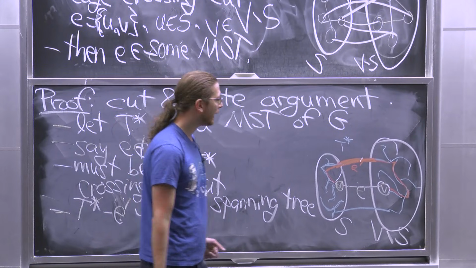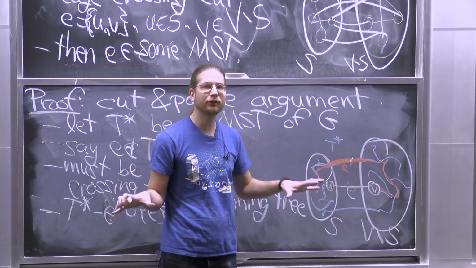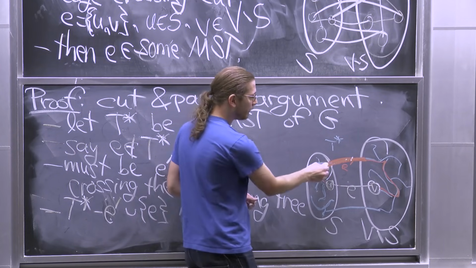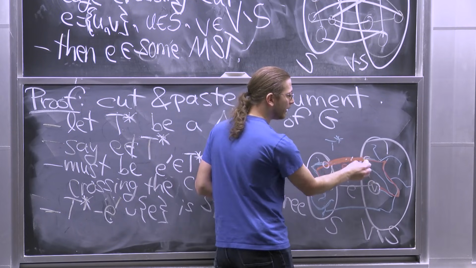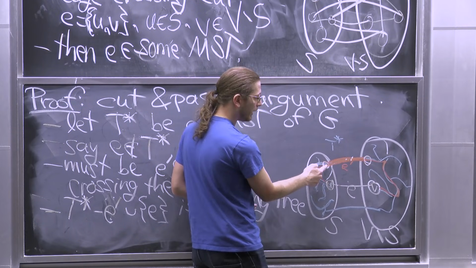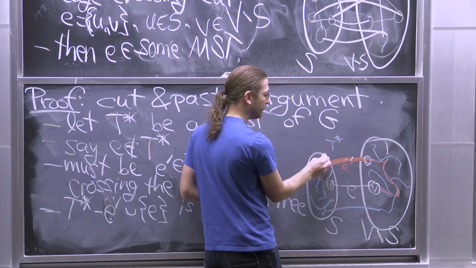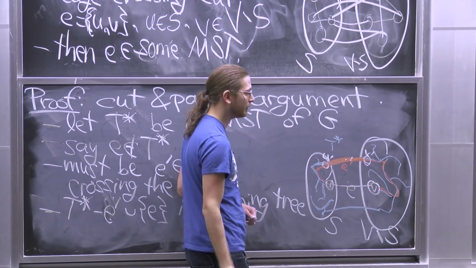The worry, I guess, is that things become disconnected when you do that. But that's essentially not going to happen, because if I think of removing E prime, that disconnects the tree into 2 parts. And I know by this path that one part contains this vertex, another part contains this vertex, and I know that this vertex is connected to U and this vertex is connected to V. Maybe I should call this U prime and V prime. I know U and U prime are connected by a path.